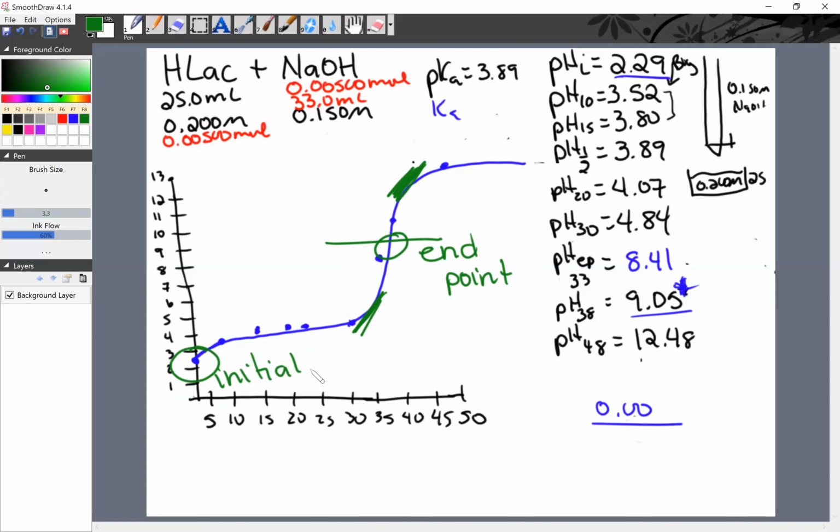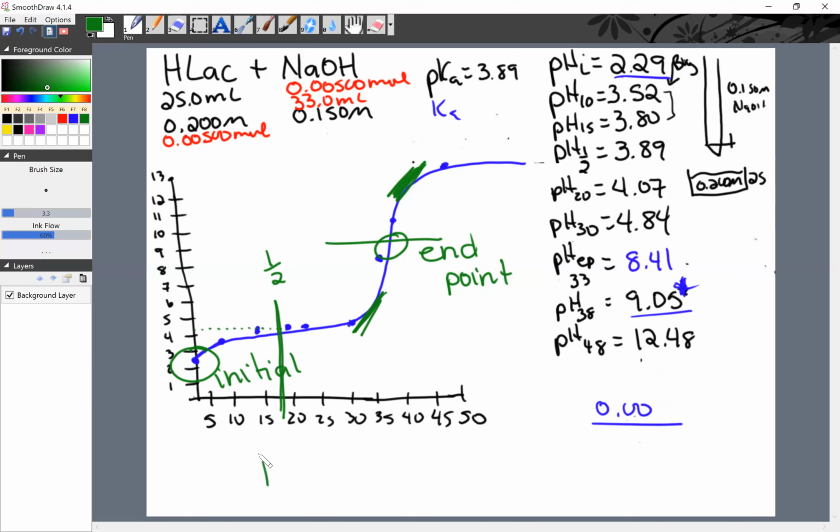Okay, guess what? This is the pretty cool thing. At the halfway point, so it looks like it took about 33 mils, so 15, 16. This is the halfway point. And if you go back, so where does that look?